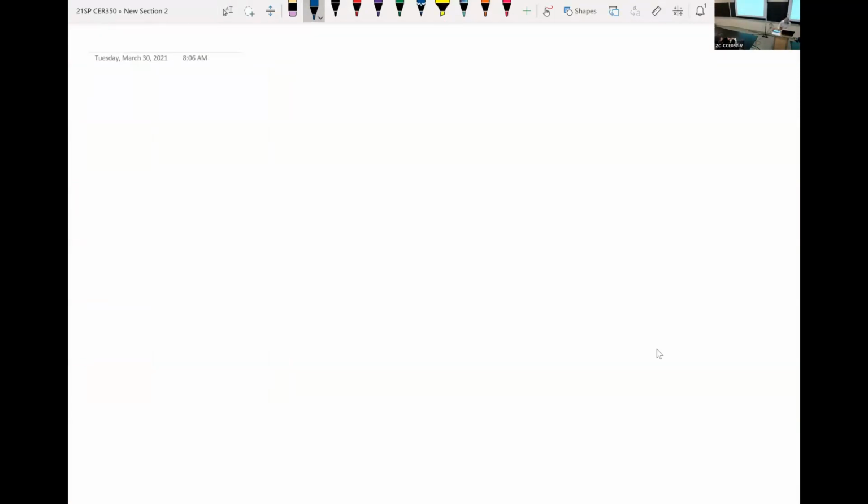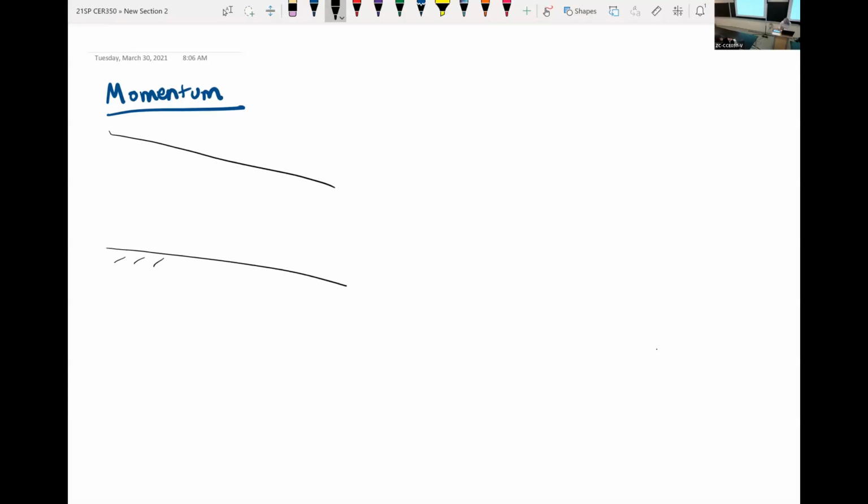So, momentum expression. If we have our channel in profile view, water surface up at the top here.